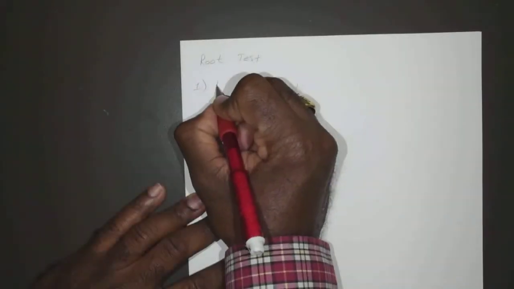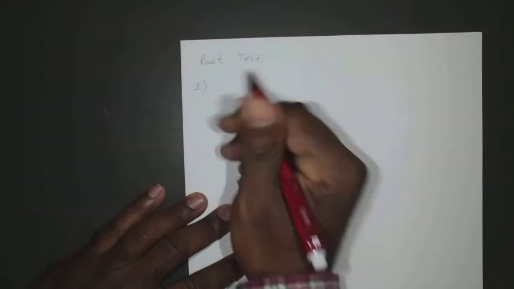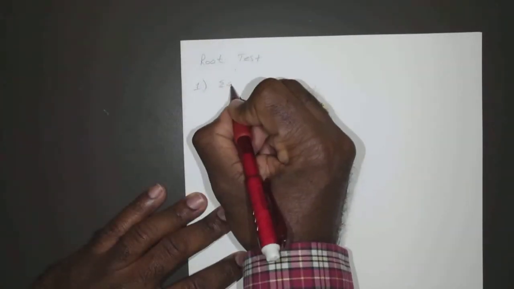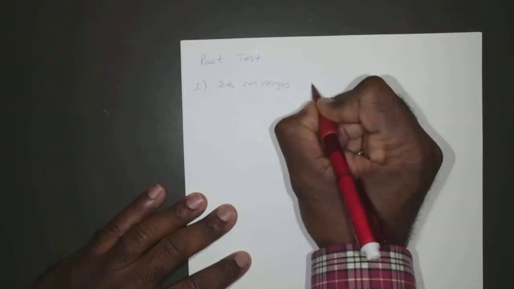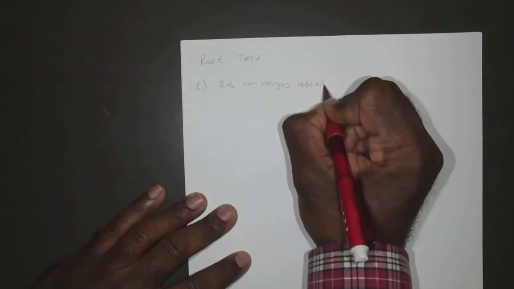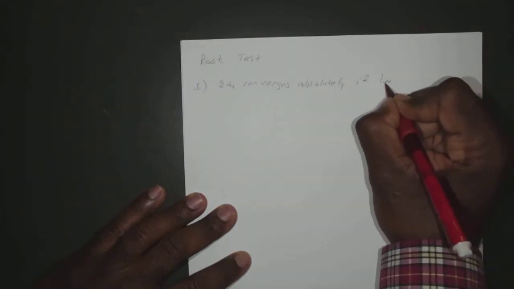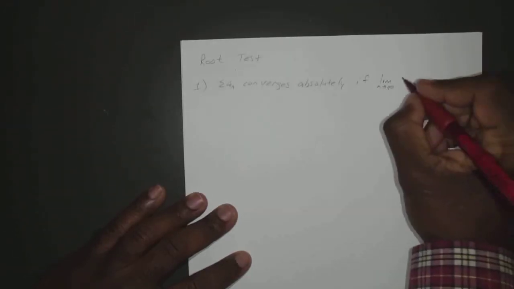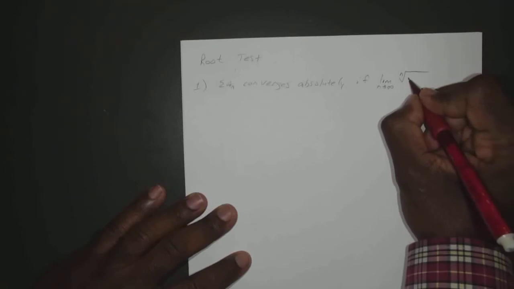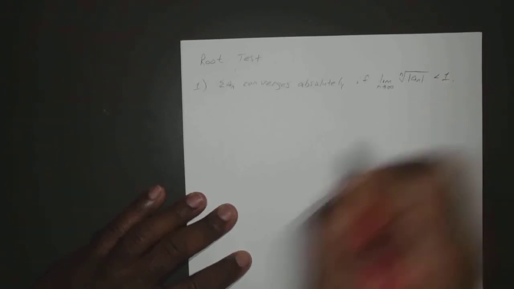So 1, the series of A sub n converges absolutely if the limit as n approaches infinity of the nth root of the absolute value of A sub n is less than 1.